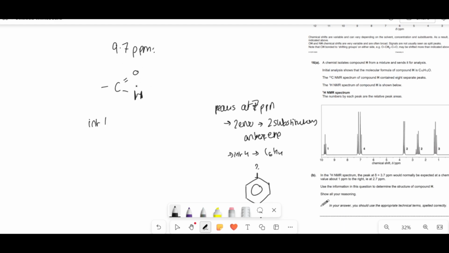You can't really add extra hydrogens on here, and that would just complete a molecule. So it stays as C double bond O, and then this, and then it's a triplet. So you'll always say, like I said, the adjacent carbon has, and you can't screw up this part. It's a triplet, so the adjacent carbon has two hydrogens. So it's going to be a C, H like that, something else there, C double bond O, and an H there. So we've got an aldehyde group there.